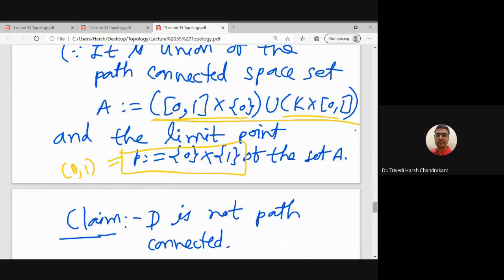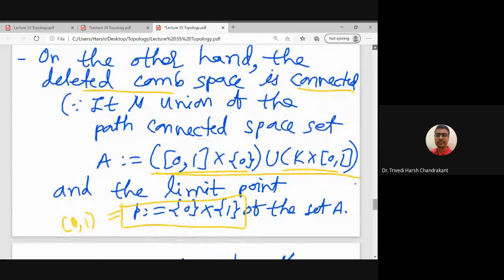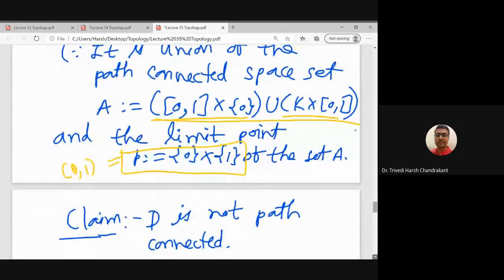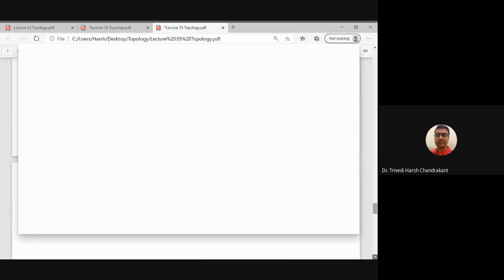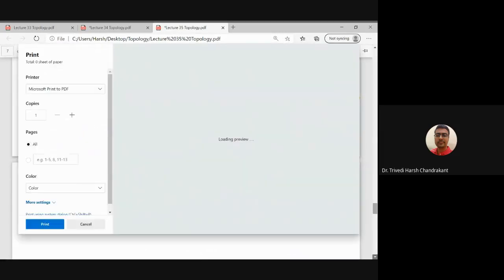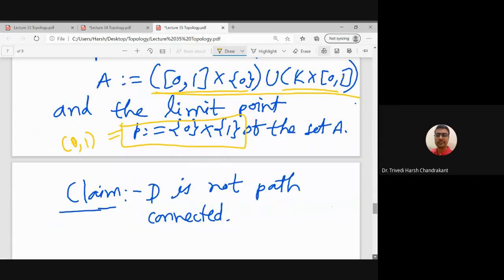So what we have shown is that the deleted COMB space D is a connected topological space, and we claim that D is not path connected. So this particular part I will discuss in the next lecture, that deleted COMB space is not path connected, because its proof is a bit involved.